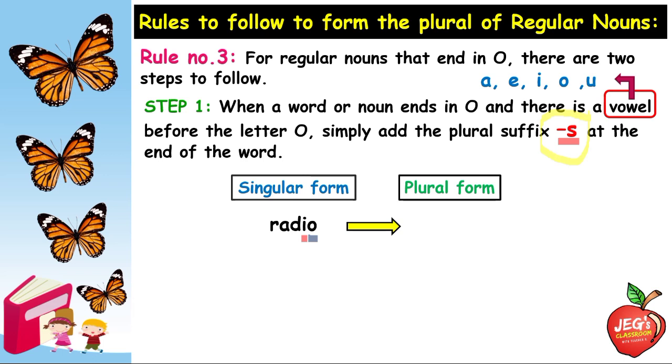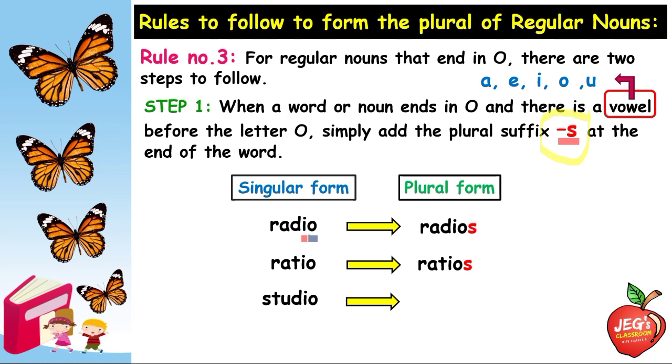Now let's see. Radio plus s becomes radios. Ratio plus s becomes ratios. Studio becomes studios. And portfolio becomes portfolios.